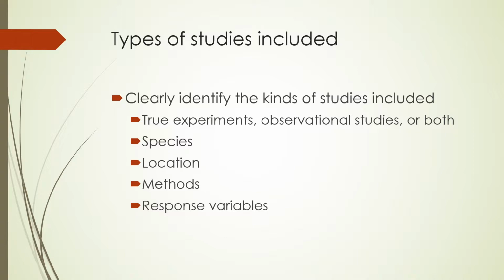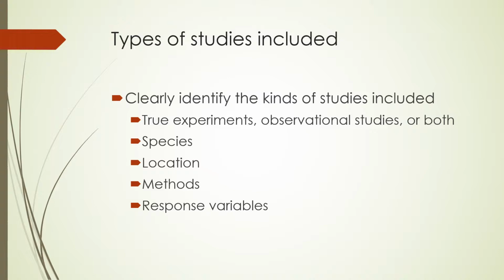Again, you're going to greatly reduce your sample of studies if you focus on one species, but if that's a key important species, then that might be fine. Again, just be clear. Location: one state, the United States, the entire world. Just be explicit about what you're including in your potential source of studies that you're looking at.